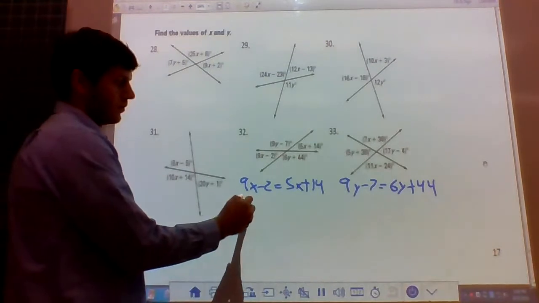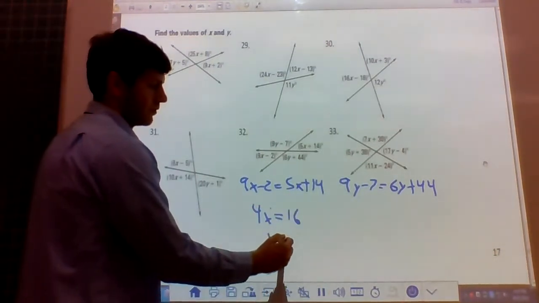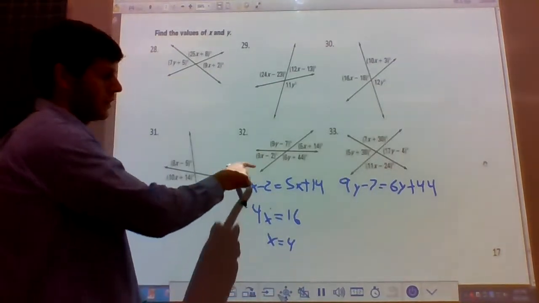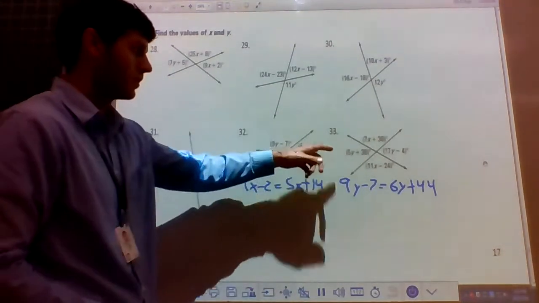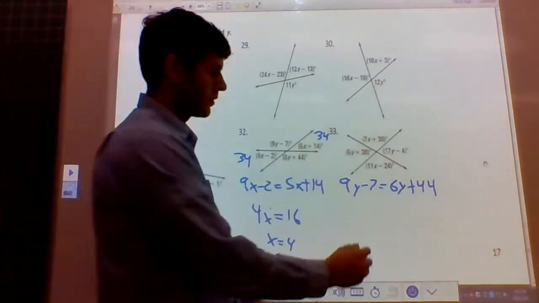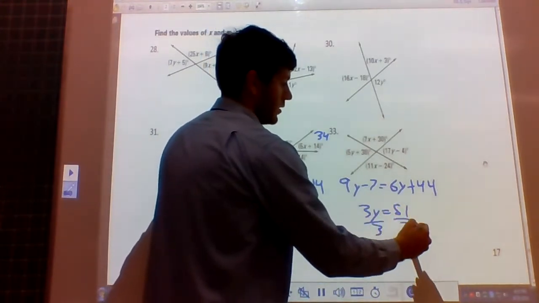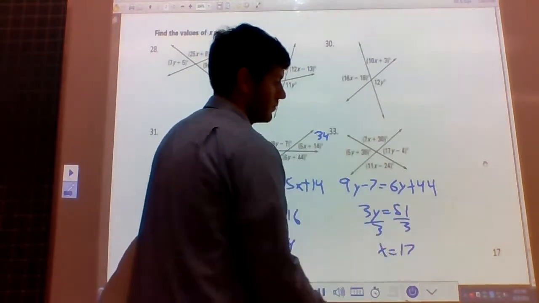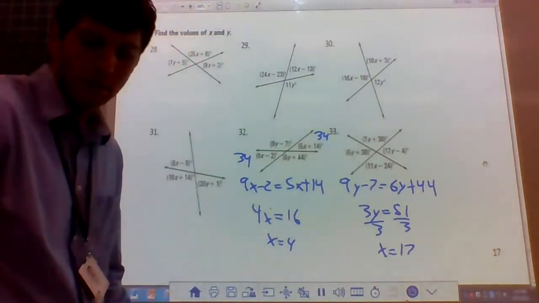So that's going to be 4x equals 16. So x is going to be 4. We can plug it back in. 36 minus 2 is 34. 20 plus 14 is 34. Okay, here we're going to get 3y equals 51. We divide by 3. We're going to get y equals 17. 17 times 9 minus 7.